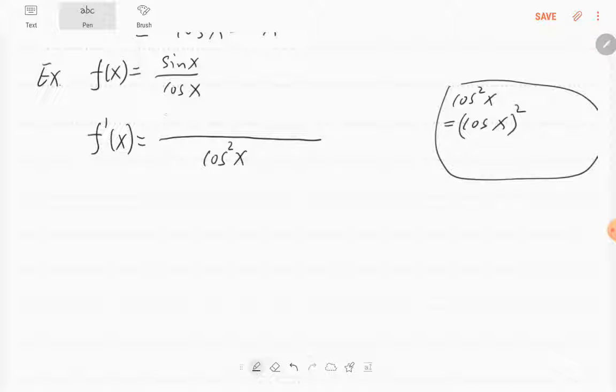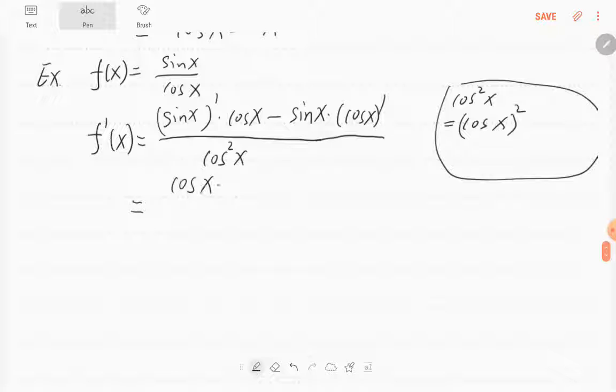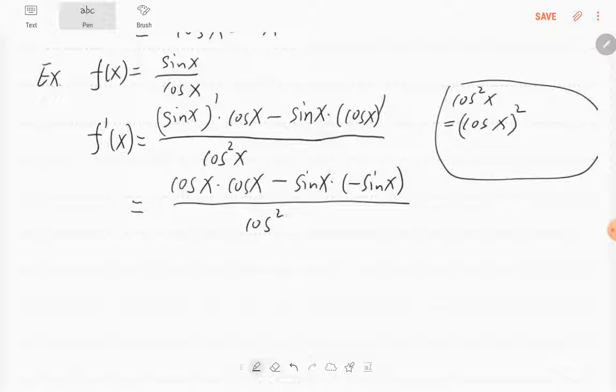Then the numerator is the derivative of the top function, sine, times the bottom function, minus the top function times the derivative of the bottom function. So this would be cosine x times cosine x minus sine x times negative sine x, over cosine square.